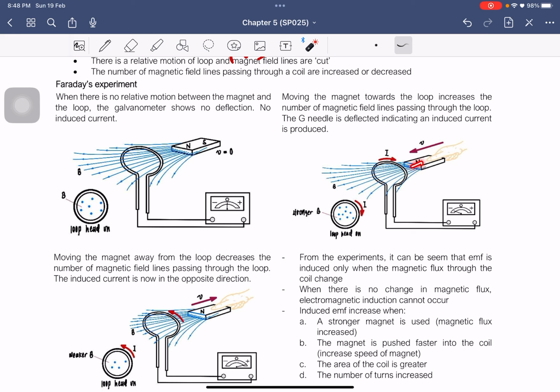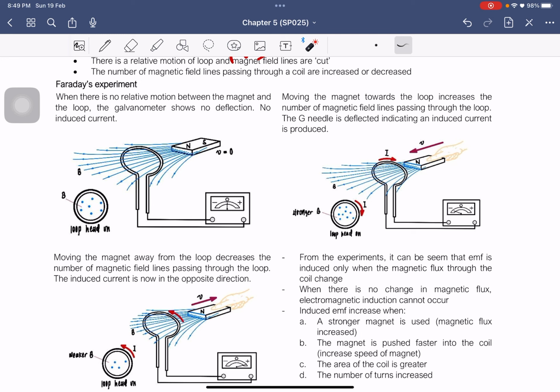As it moves, there will be more extra lines until it goes inside. Then it causes the galvanometer needle to be deflected, indicating an induced current is produced. So when you have motion like this, it will produce an induced current. So this is the direction of the induced current.